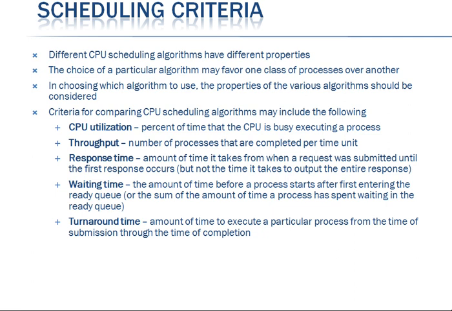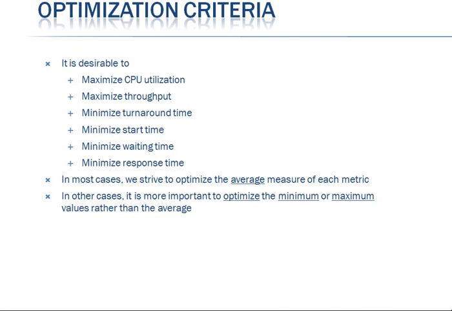So here we need to place these criteria: CPU utilization, throughput, response time, turnaround time. Now we have optimization criteria. All of these criteria we have placed, and now we will focus on them. Some of the criteria we need to maximize and some need to be minimized.